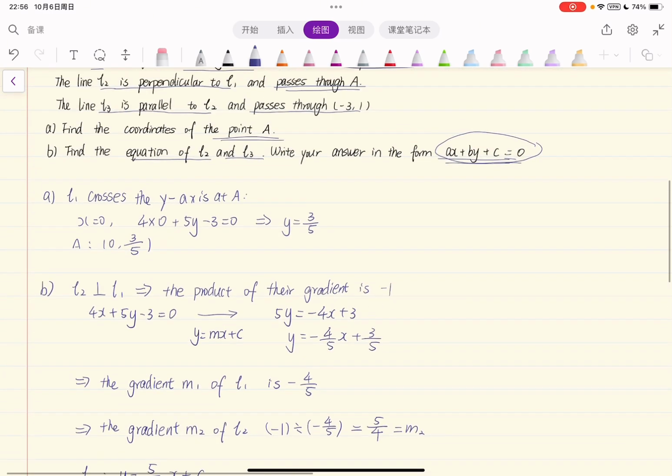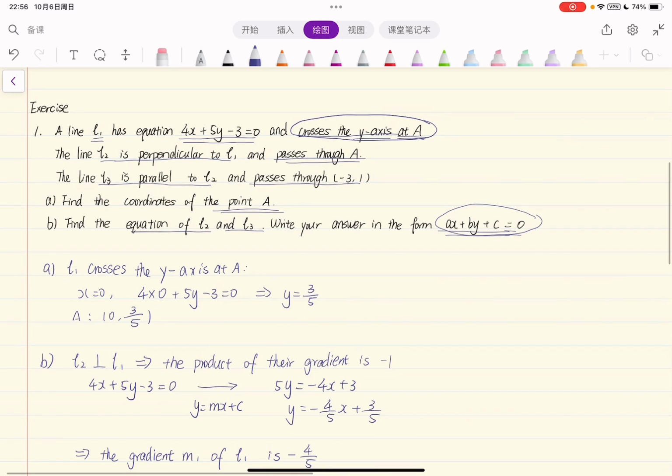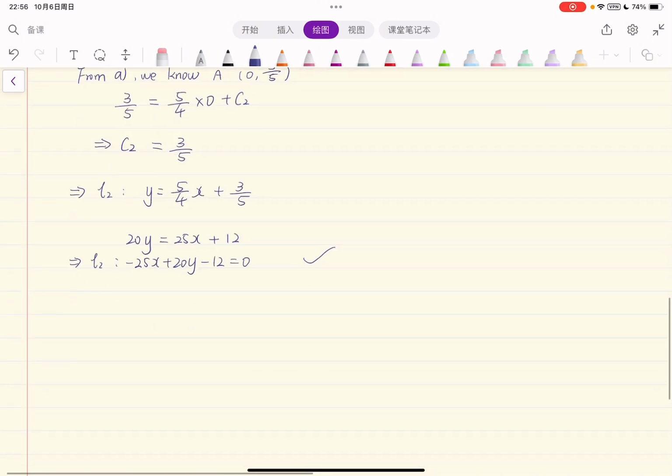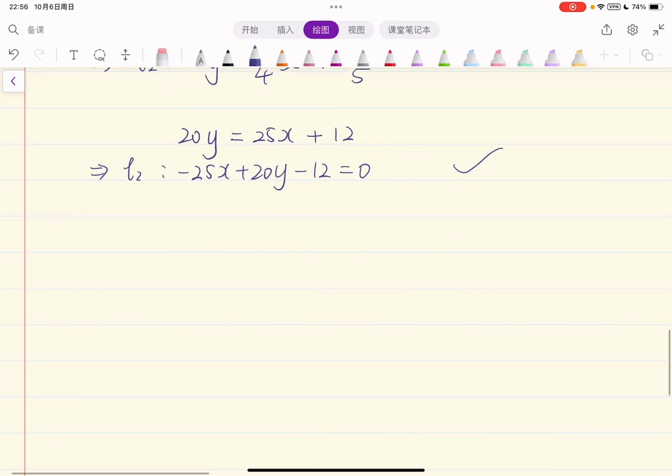The question also asks you to find the equation of L3. We know that L3 is parallel to L2, which means the gradients of them are the same.